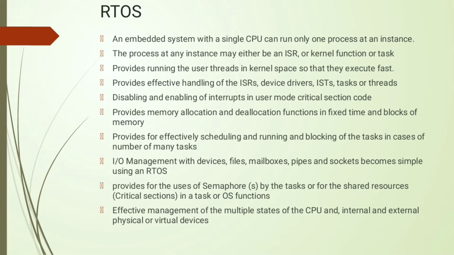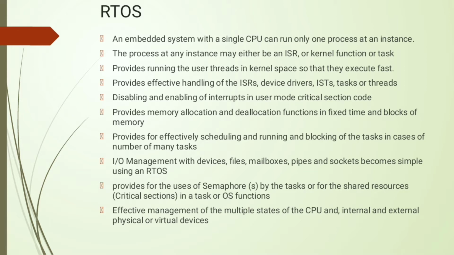It also provides effective handling of interrupt service routines, device drivers, interrupt service threads, or even tasks or threads. And there are some situations in which we need to run the interrupts in the user mode critical section code. In such situations, the RTOS can enable and disable such interrupts.